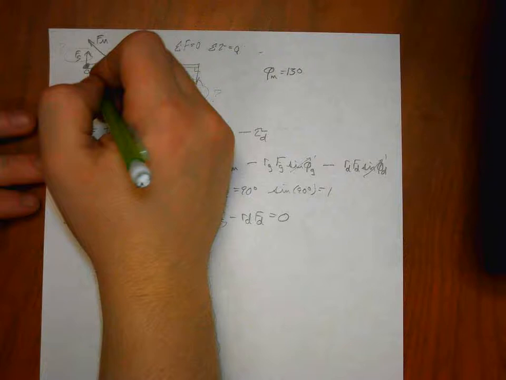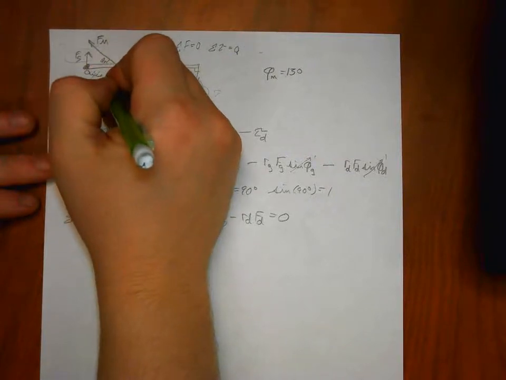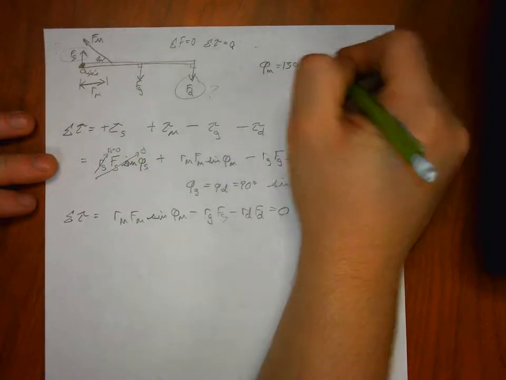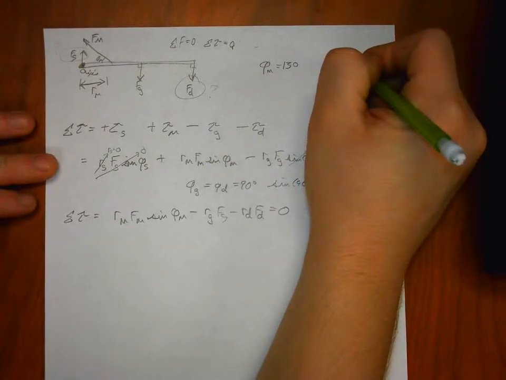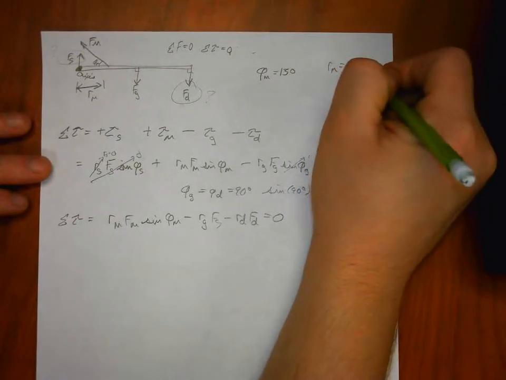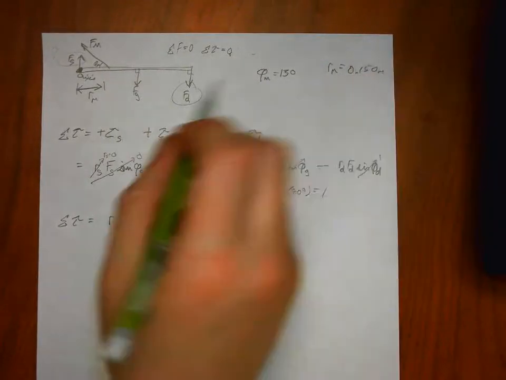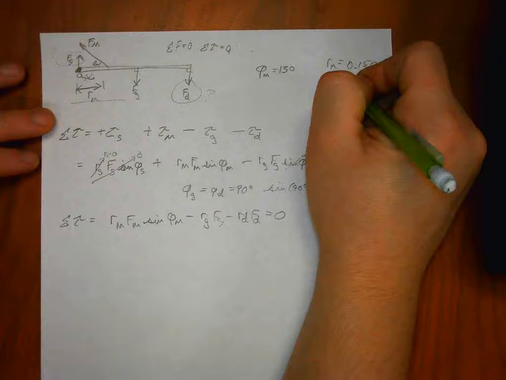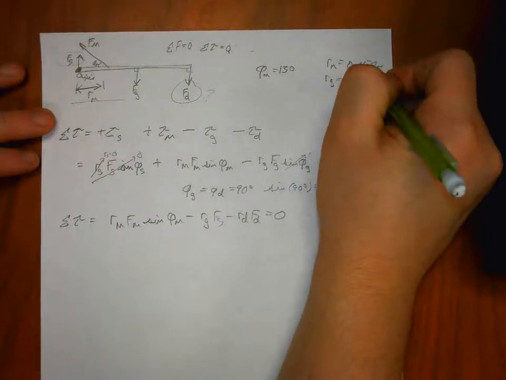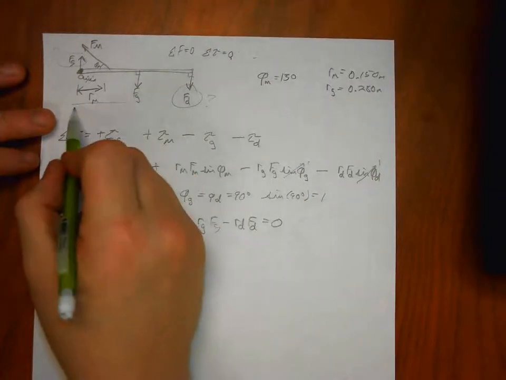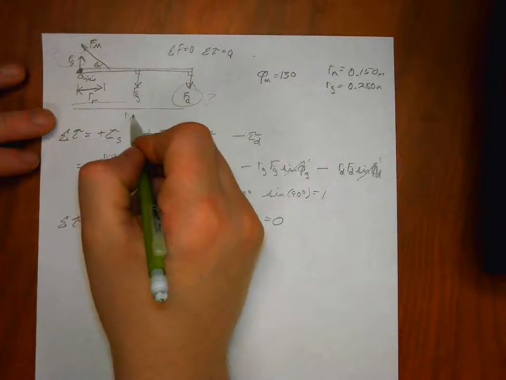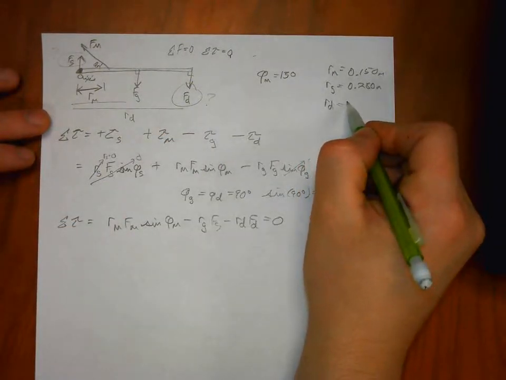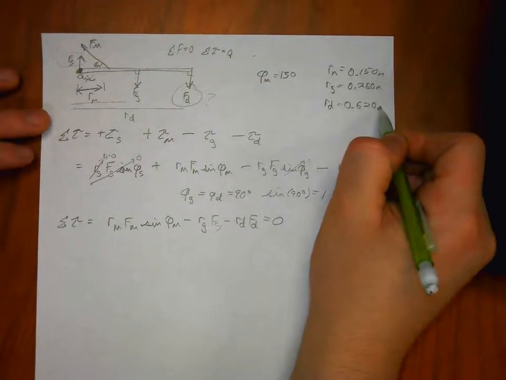Well, we're given from the problem that this distance right here, Rm, is 0.150 meters. The distance to the center of gravity of the arm, 0.280 meters. And the distance to the dumbbell, Rd, is 0.620 meters.